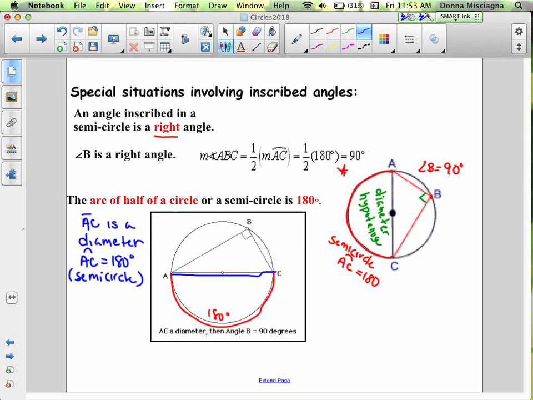Right? And that means that since we have a triangle inscribed in a semicircle, triangle ABC is a right triangle.